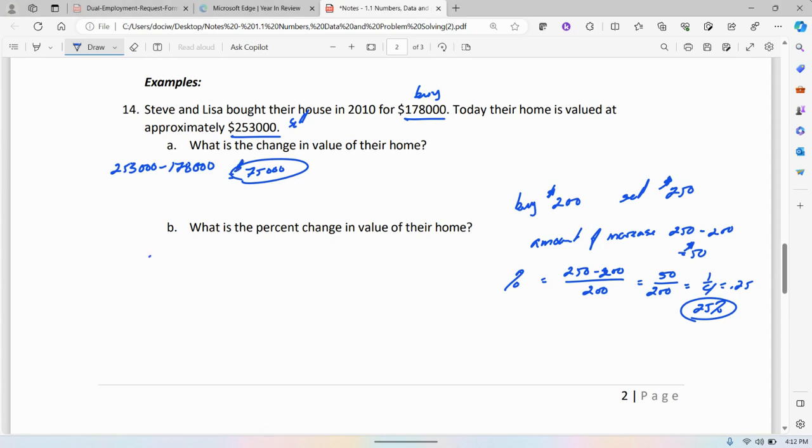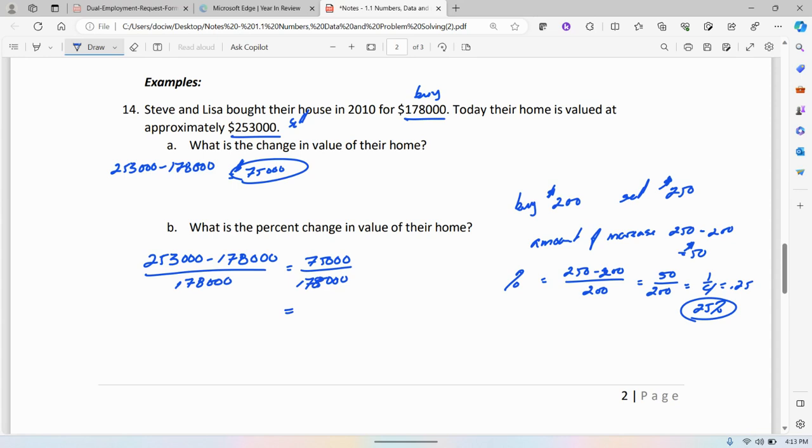The percent increase, not only do I want to do the 253,000 minus the $178,000, which we said is 75,000, but what percentage of the buy price, the original value? So while the original value was $178,000, increased $75,000, what percent is that?